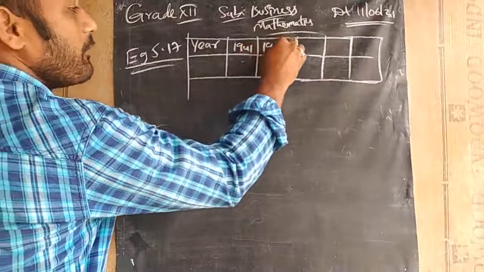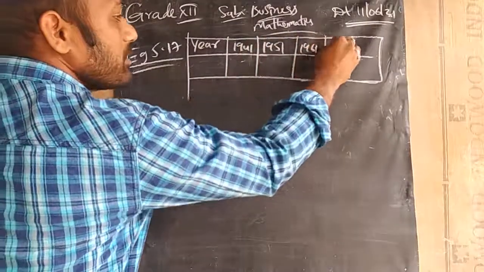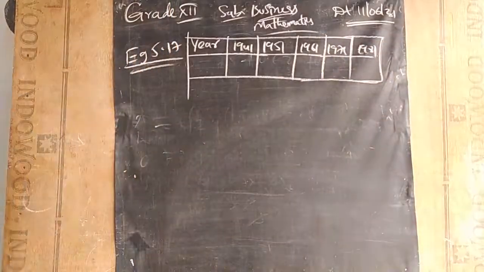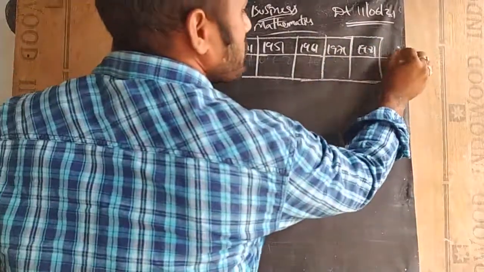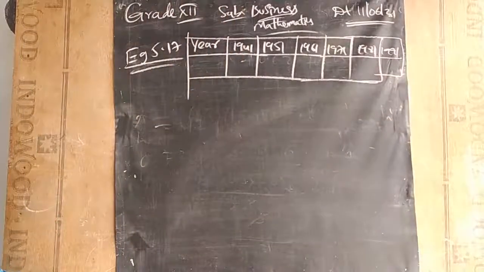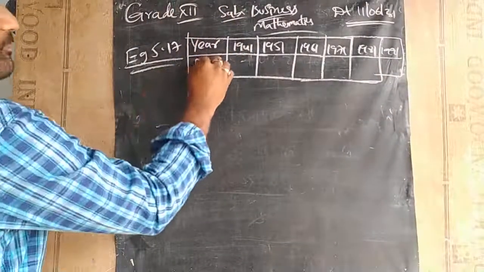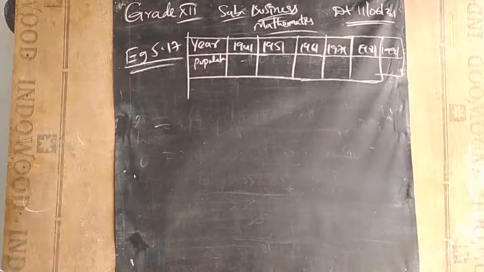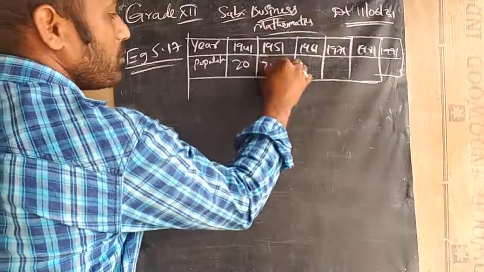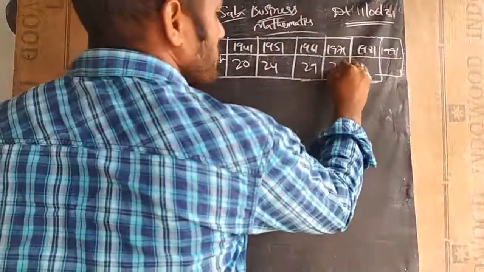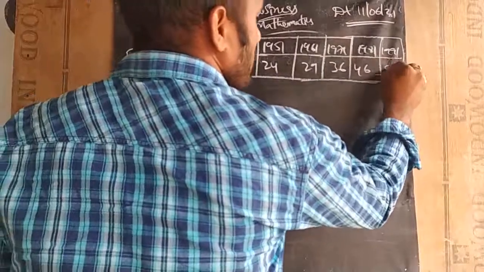The years are 1941, 1951, 1961, 71, 81, and last it is 91 also, so 1991. The population is 20, 24, 29, 36, 46, and 51.